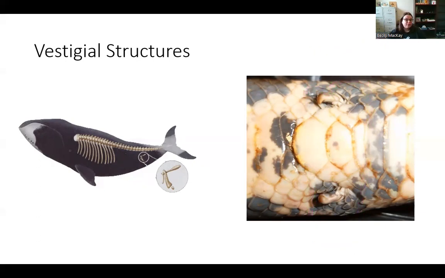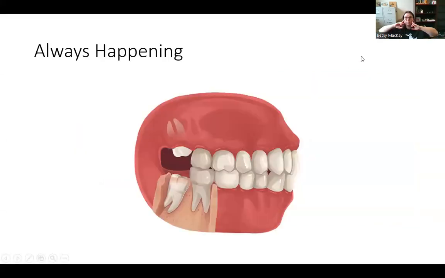And like I said, evolution is happening all the time, even with humans. An example of this is our wisdom teeth. Humans evolved wisdom teeth because our ancestors ate a lot more plant matter. And by having a lot more plant matter, you had to chew a lot more. And you had to break down your food a lot more. They also didn't have things like knives to cut up.